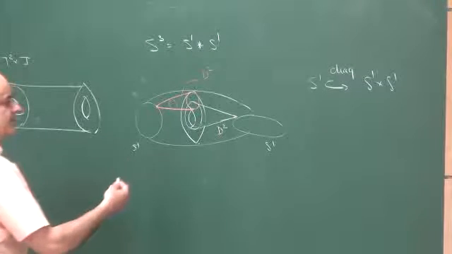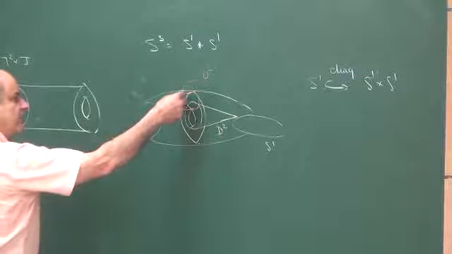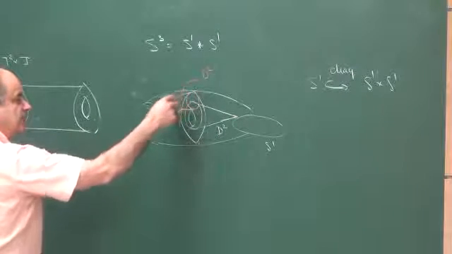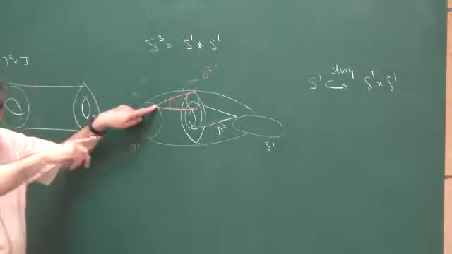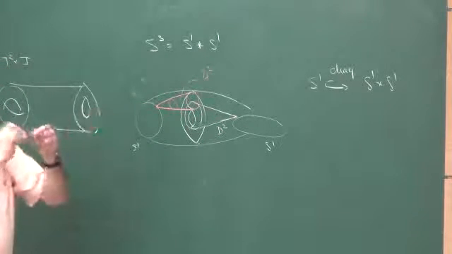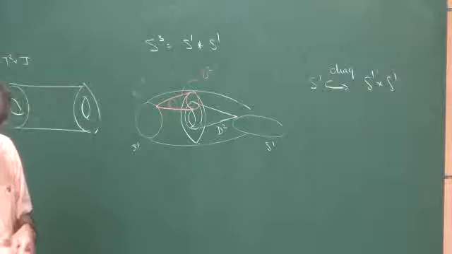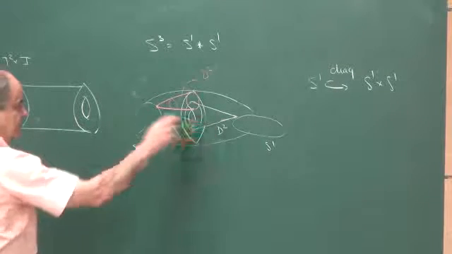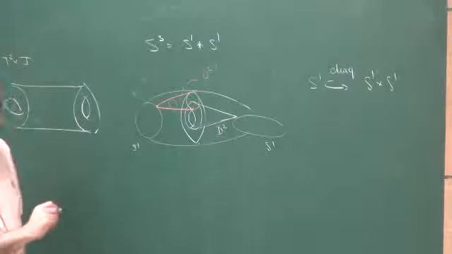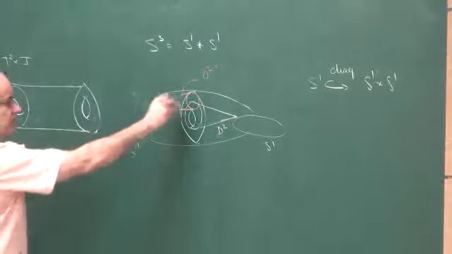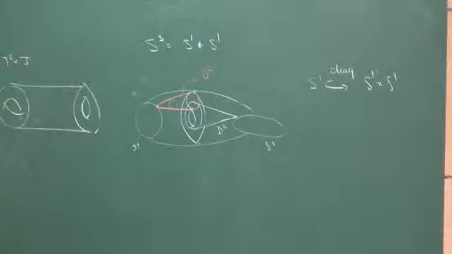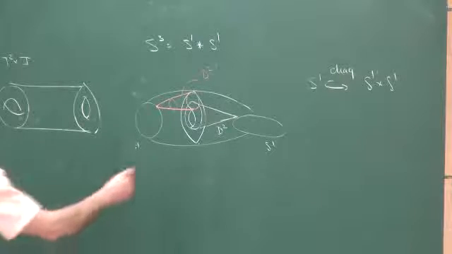And what it does is identify these disks. The circle acts on a disk, and it gives me an interval as the orbit space. And because it acts freely, this circle gets identified to a point. So all of these red disks get identified to the same disk.